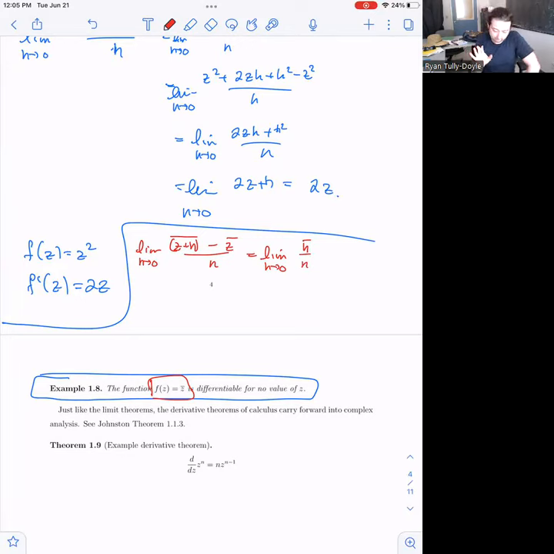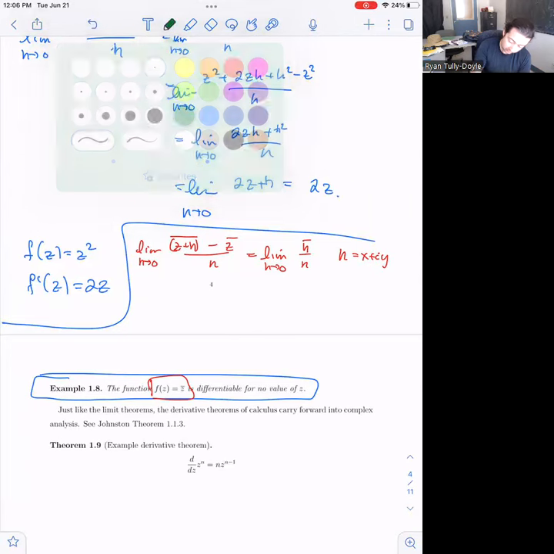Now, if you remember two-variable calculus, there's a method for proving that limits don't exist that involves approaching a value from two different directions. And so what I'm going to do is assume that h is equal to x plus iy. It's a complex number, so it has the form x plus iy. And I'm going to let h go to 0 along two different paths. So the first path that we'll consider is the path where we're coming in on the real axis. So that is y is equal to 0.